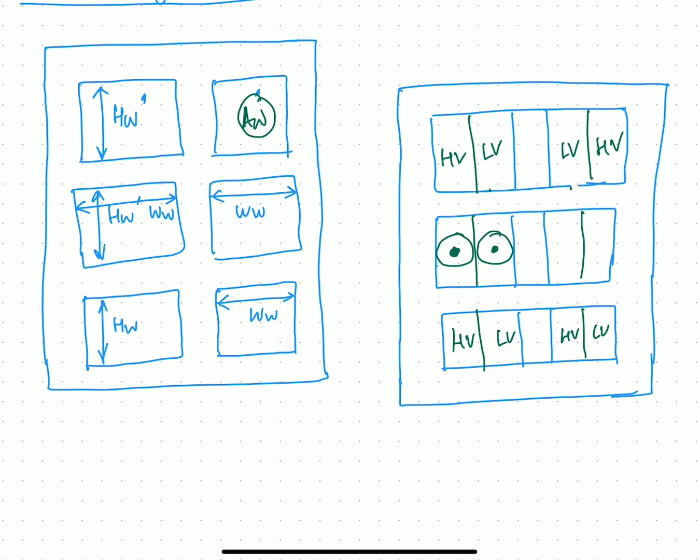So this is area 1 and area 2, like we had discussed in the last slide. This is LV, this is HV, and I forgot to mention here that this is iron area, AI.